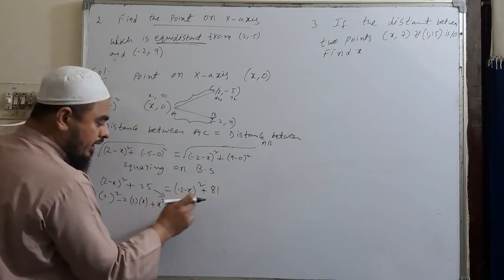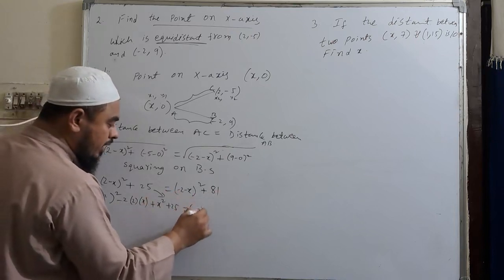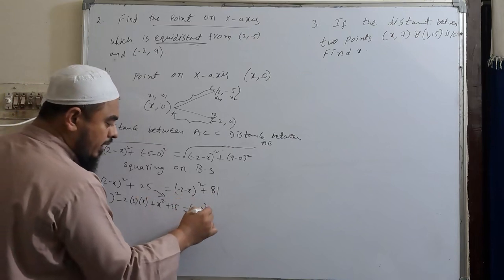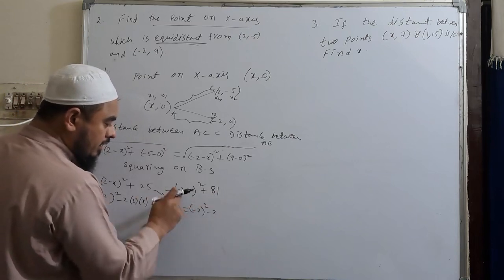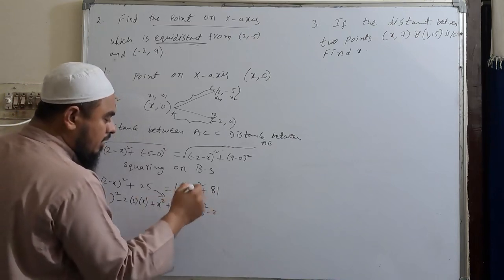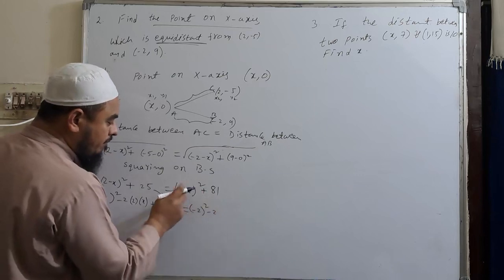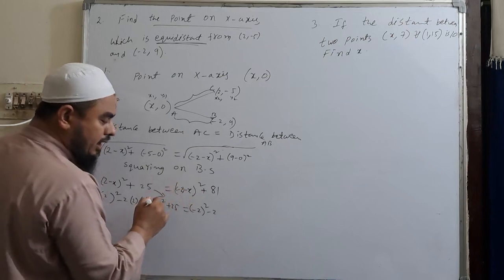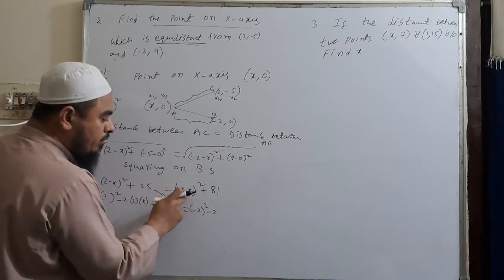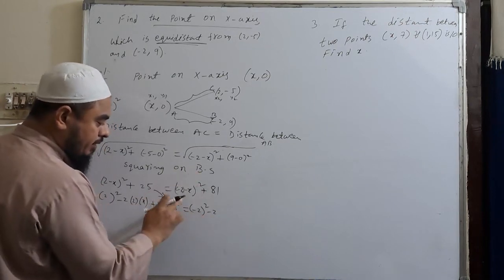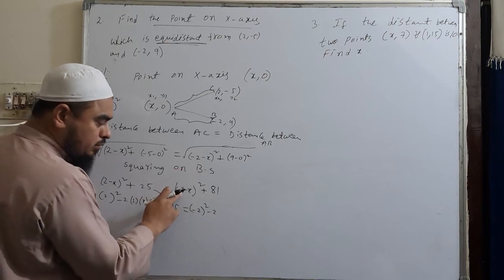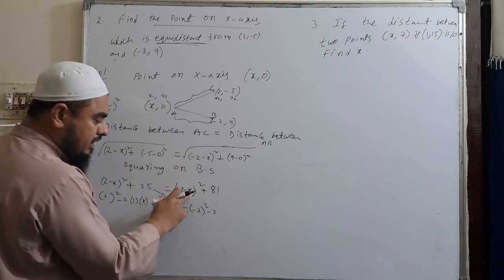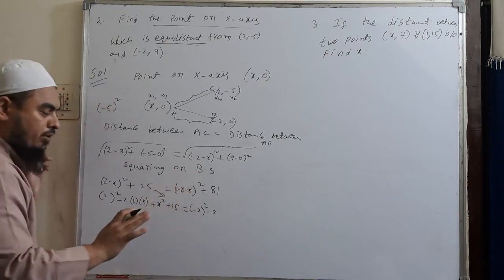Now coming to the right hand side, minus 2 minus x whole square. You can simplify in 2 ways, by considering this as a minus b. Here a you can take as minus 2, b you can take as just x, and the a minus b formula you can use.